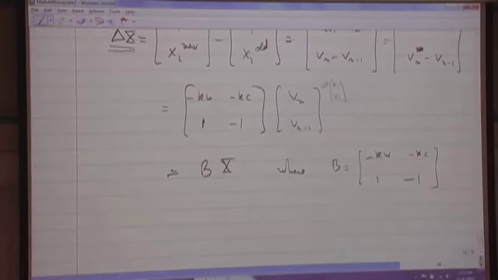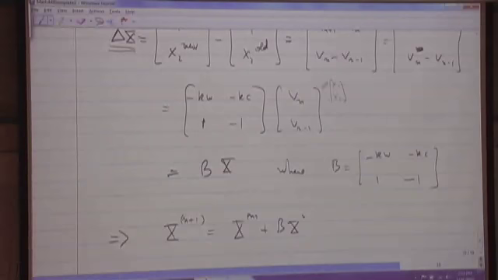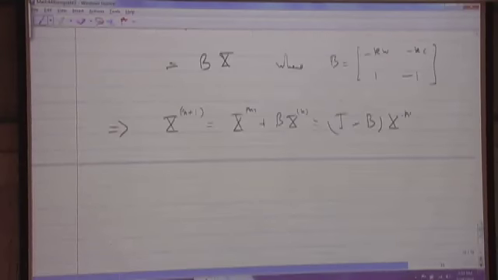So what is the system then, that needs to be iterated? xn plus 1 is going to be xn plus B xn. So this is going to be identity plus B times xn. Call this A if you want.